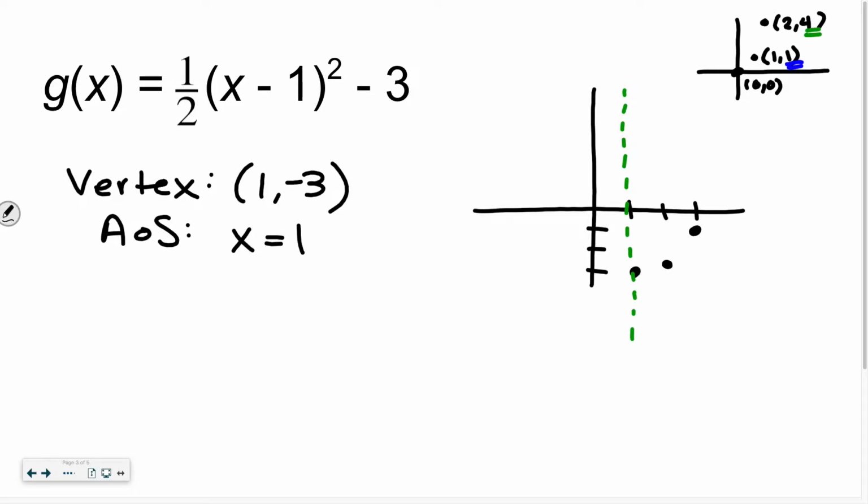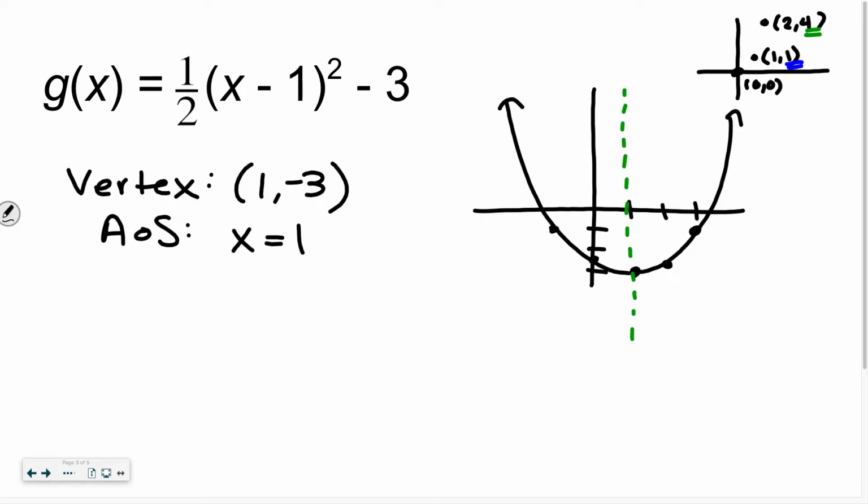So I'm at the point (3, -1). And then I can easily just reflect over the axis of symmetry and then draw my parabola. So it's important to remember that with the vertical shrinks on a parabola, you cannot do what we did with absolute value, which is count up 1 over 2.